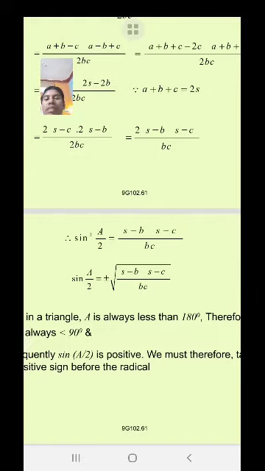And if the square on the left side goes to the right side, it becomes a square root. So sin A by 2 equals plus or minus under root of (s minus b) into (s minus c) by bc. Here brackets are not printed, but we have to put in brackets because there are two factors.